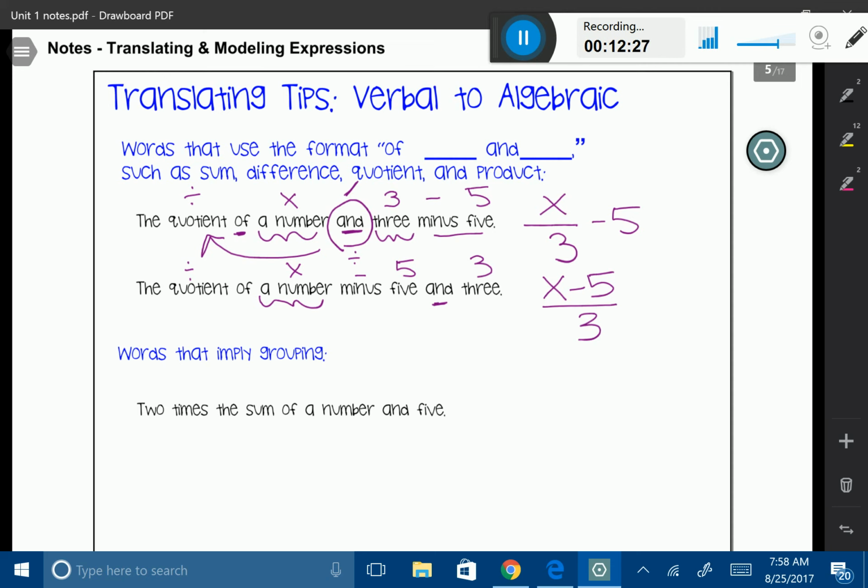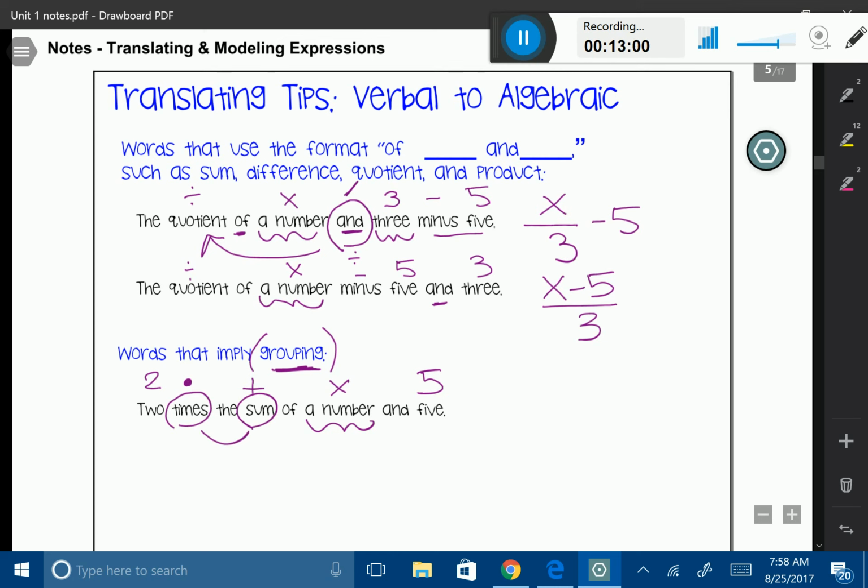Another tricky area is words that imply grouping. Sometimes when you're asked to use parentheses, which is how we represent grouping, you'll see two words that are used for identifying adding, subtracting, multiplying, or dividing. For example, 2 times the sum of a number and 5. Do you notice how I have times and sum right next to each other?